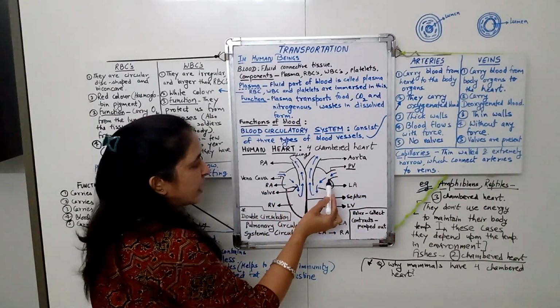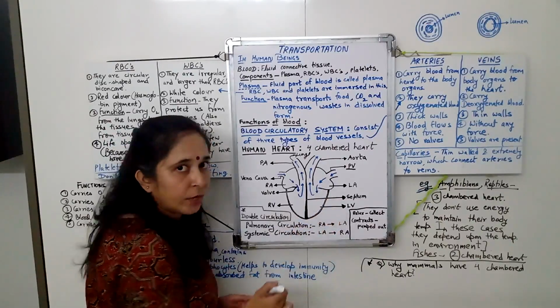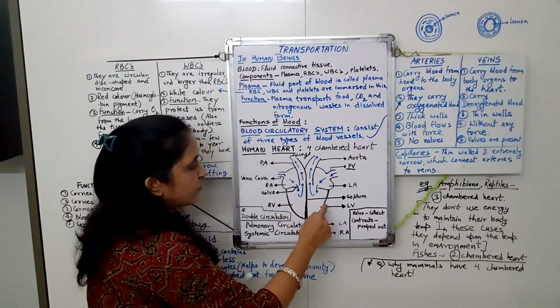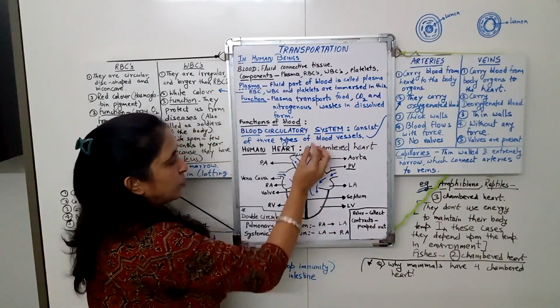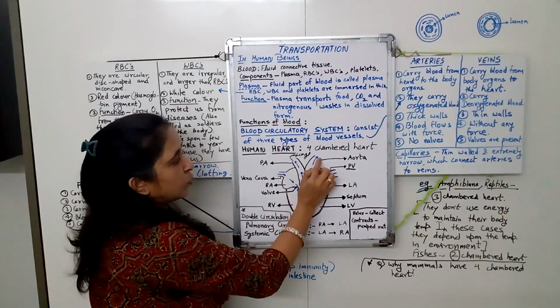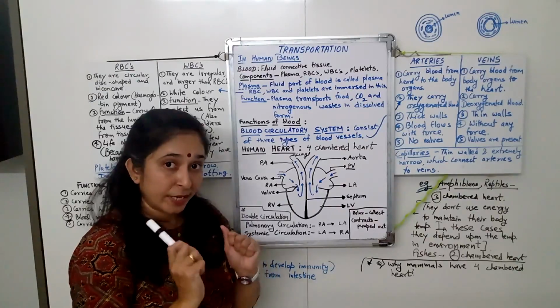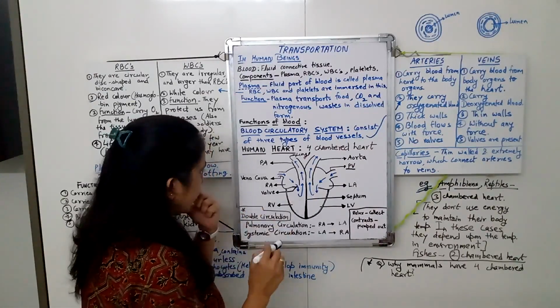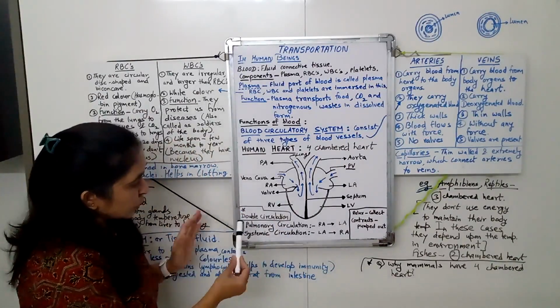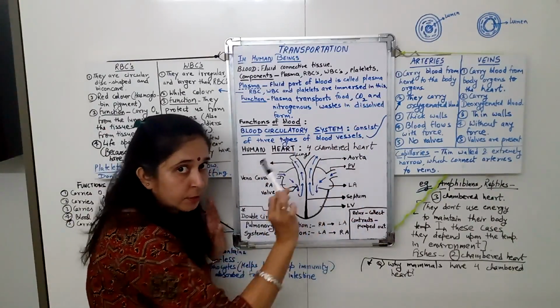Now from the left atrium it goes to the left ventricle. Then from the left ventricle it is pushed out through the aorta to all body parts. Fine? With a very high force. Now here you can see this is the whole circulatory system I explained.